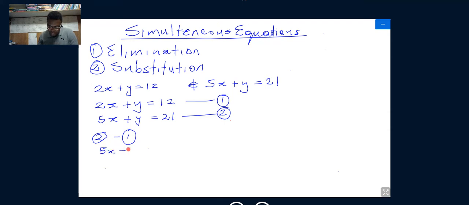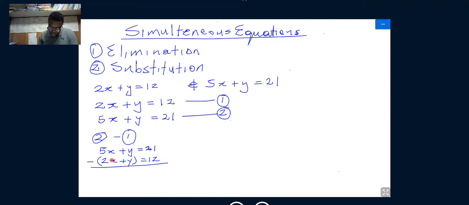So we have 5x plus y equals 21, minus, opening the brackets, 2x plus y equals 12.